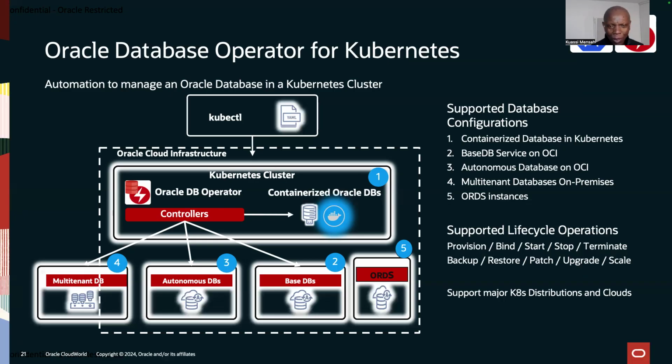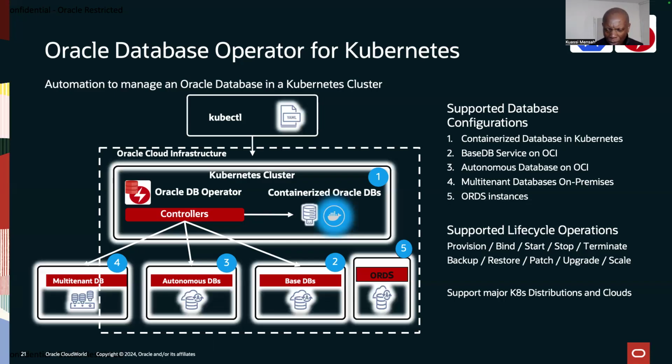Well, a lot of customers have many instances of ORDS, hundreds or even thousands, and they don't want to manage those manually. Even though ORDS is not a database by itself, we extend the Kubernetes API to manage the life cycle of ORDS instances. For example, provision, start, stop an ORDS instance.